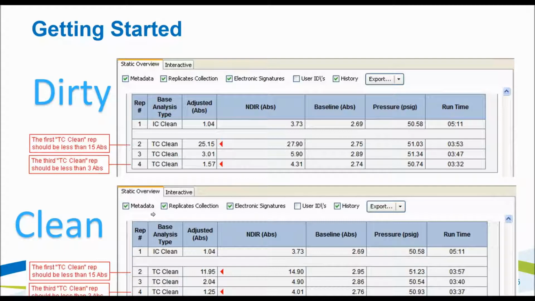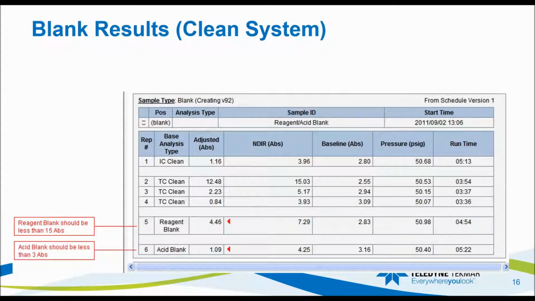And then I also said it's good to start with a blank, and this checks your reagent and your acid values to make sure those are clean. Your reagent blank should be less than 15 ABS, which in this example it is, it's 4.46. Your acid blank should be less than 3 ABS, which it is. In this example, it's 1.09.